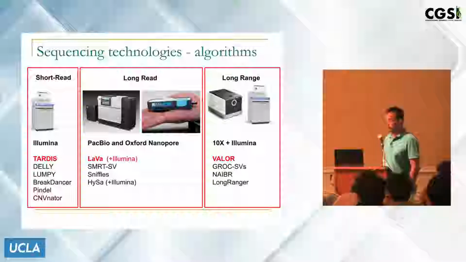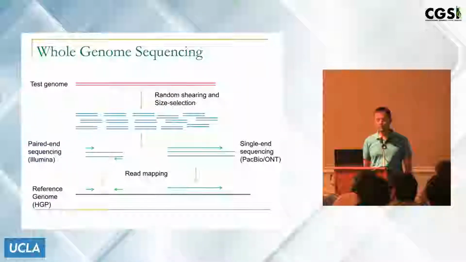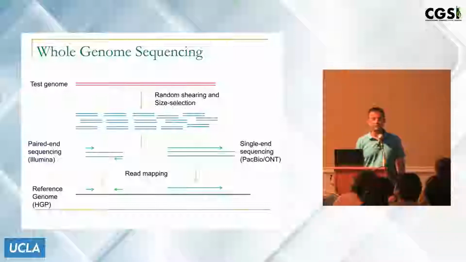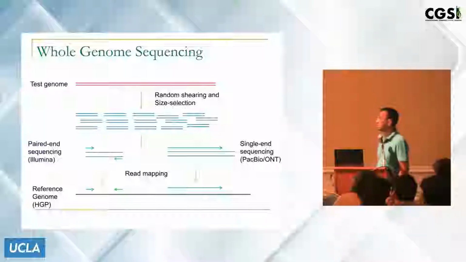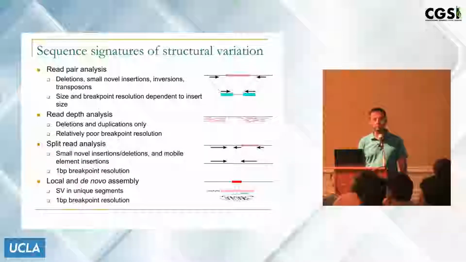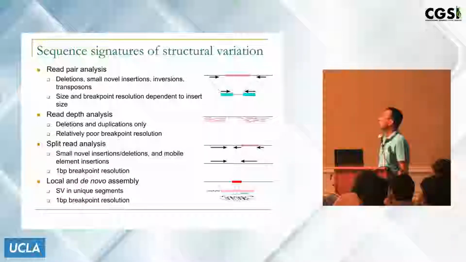So back to the whole genome sequencing. We get those sequences and then we map them, and we are going to look at the properties of these mappings to figure out the structural variation. Basically we can use 4 different sequence signatures to detect these structural variants. We can do read pair analysis if we have read pair information.